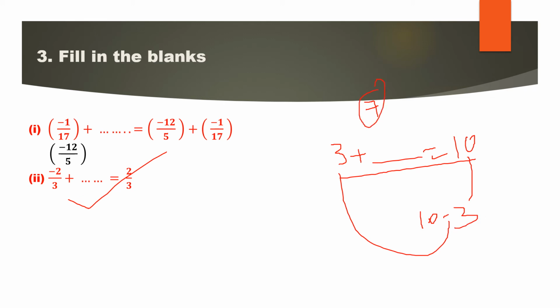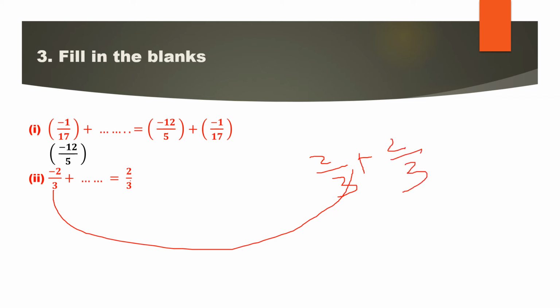Here also, here plus 3 I am having, so I send it as minus 3. But here I am having minus 2 by 3, so I should send it as plus 2 by 3. So I will add this 2 by 3. This 2 by 3 will be as it is. Here minus 2 by 3, when it goes there, it becomes plus 2 by 3. Whenever there is a plus symbol between two rational numbers, you should take LCM.